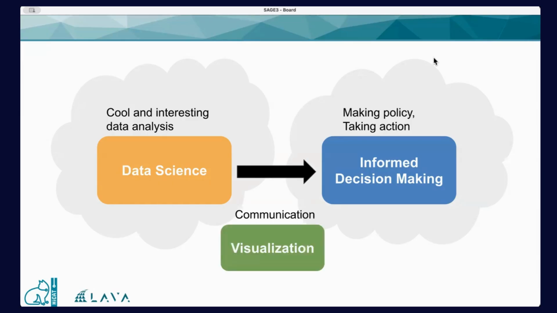Then visualization is the connector between those two things. It's a way for you to explain to policymakers, who are not necessarily scientists or people who understand your topic very well, with visualization.